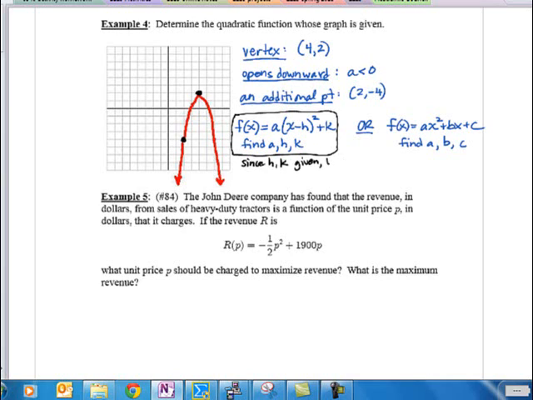So we're given h is 4 and k is 2 because we're given the vertex, right? So we know actually f of x is some constant that we don't know yet, times x minus 4 squared plus 2. So what we can do is use the additional point to find a.